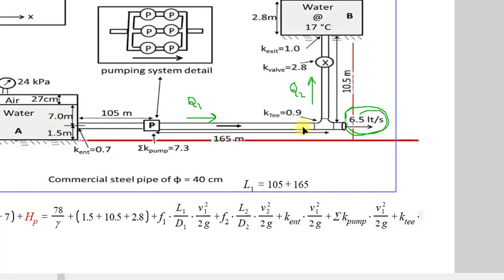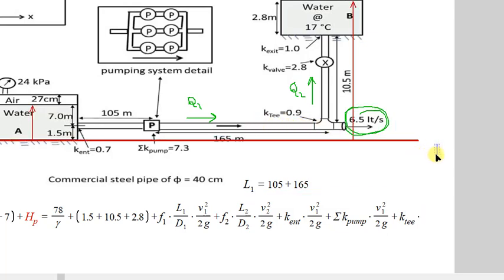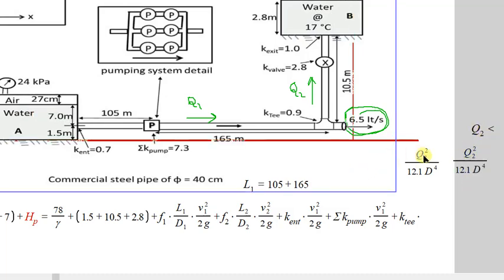Or think of it as a quantity, not as a velocity: Q squared over 12.1 d power 4. Because here we have Q1 and Q2, the diameter is the same, and we know that Q2 is going to be less than Q1.